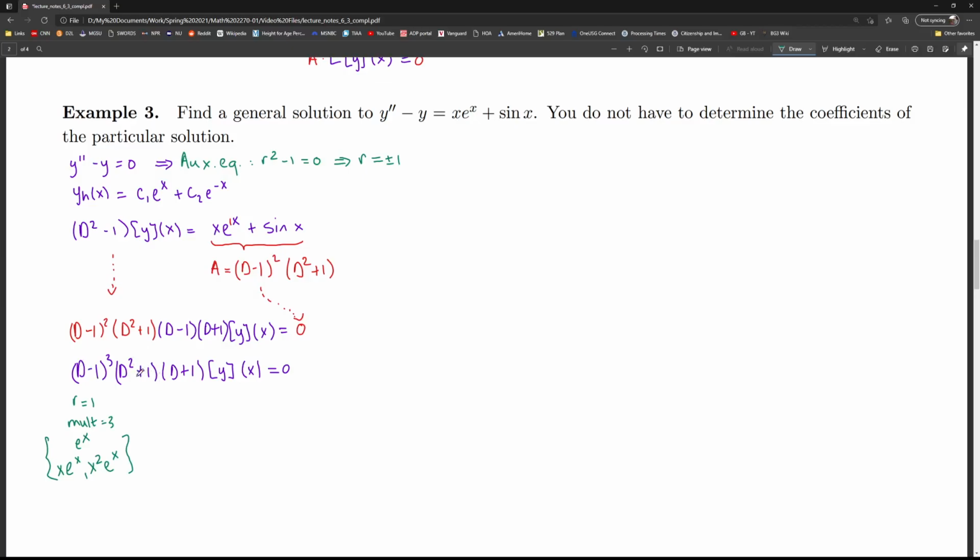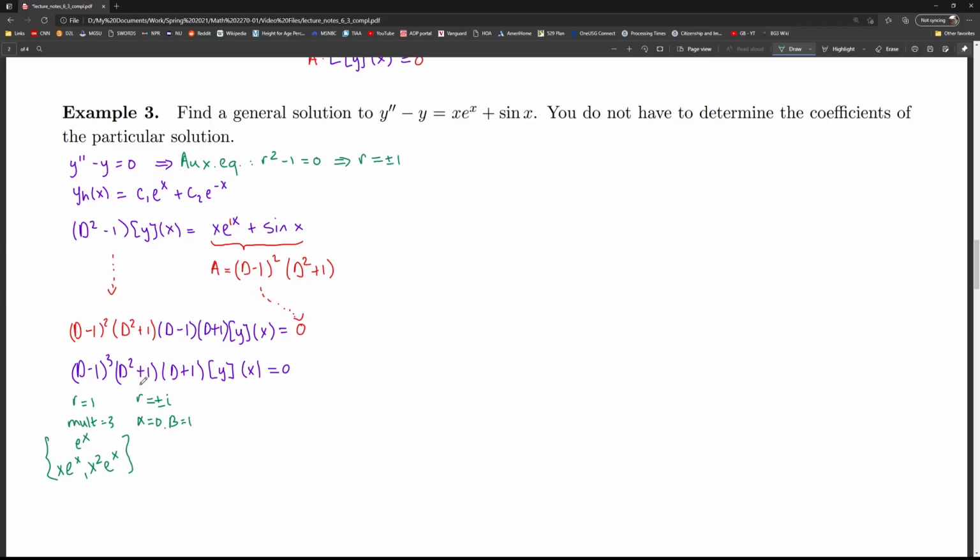Now the d squared plus 1, if you set r squared plus 1 equal to 0, then you get r squared equals negative 1. And so r equals plus or minus i, and it means alpha equals 0 and beta equals 1.